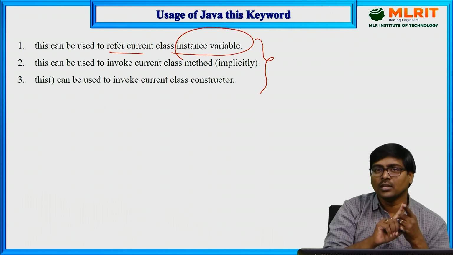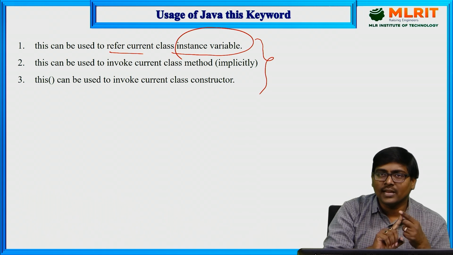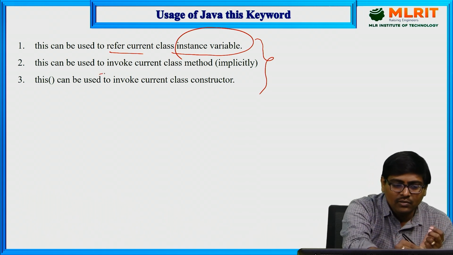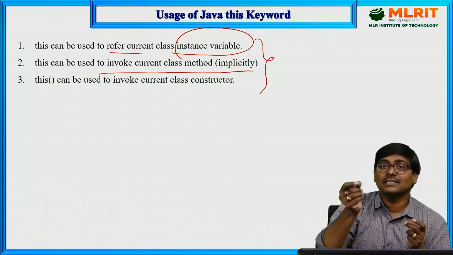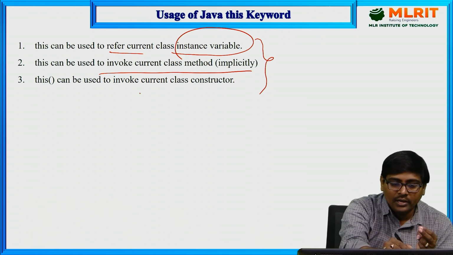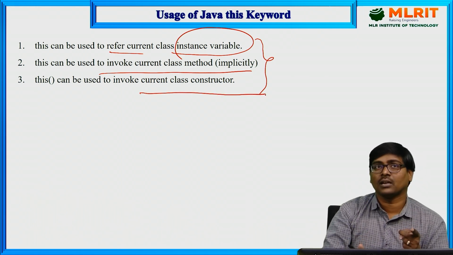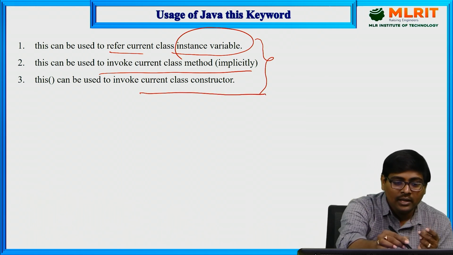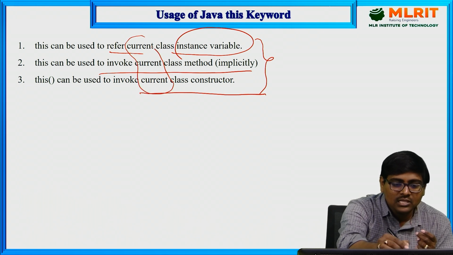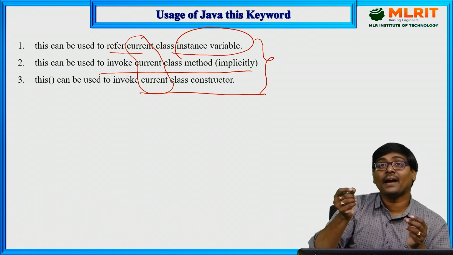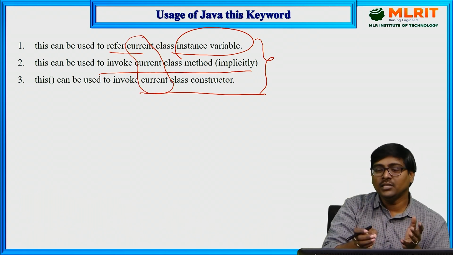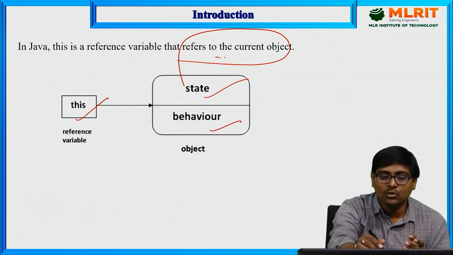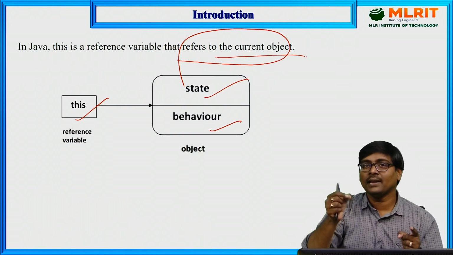Second is the current class method. Third is the current class constructor. Observe that in all three cases, we are using the term current class. That means this is used to refer to the current object.